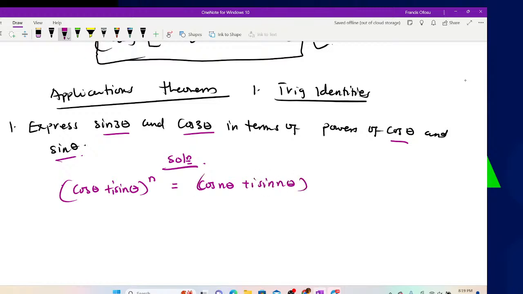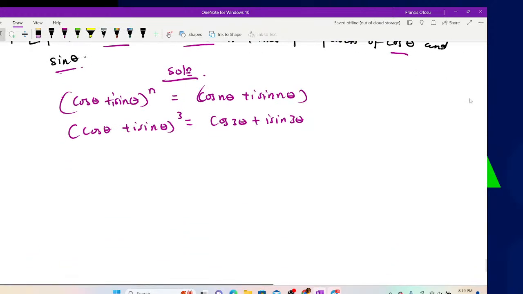Is that not it? From this side, I can say that (cos theta plus i sine theta) all to the power 3 will give me cos 3 theta plus i sine 3 theta. From this, I can easily solve the problem given. I will expand both sides and now compare it to the right side.